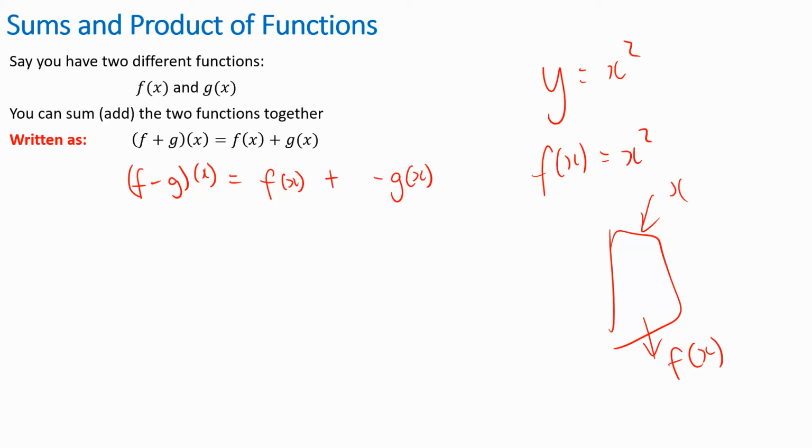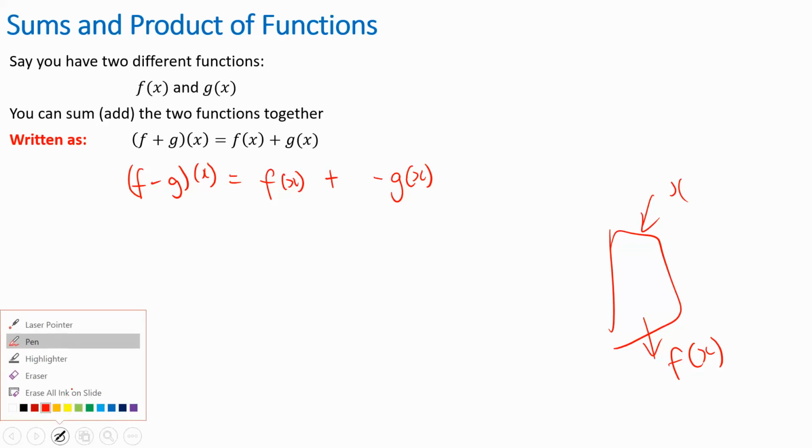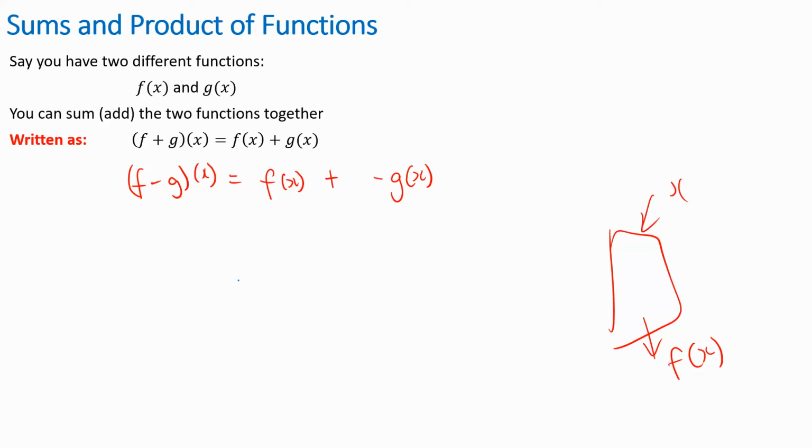So let's do a quick example, and I'll get you to figure out the first property because it's very obvious. Now remember, if you're adding, obviously you have to have two things to add, true?